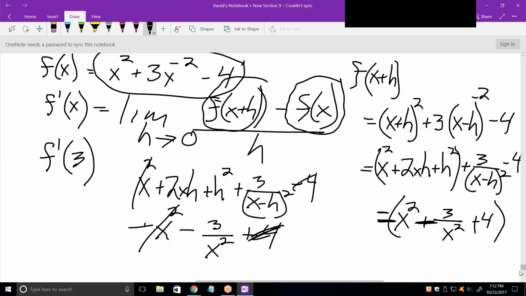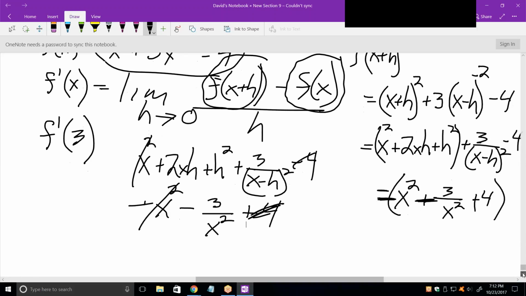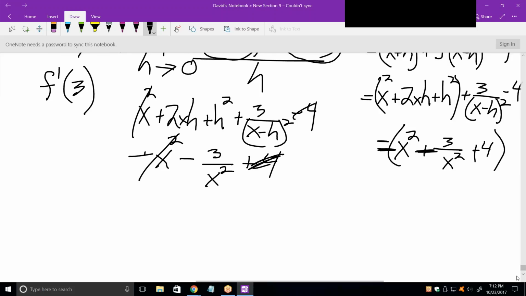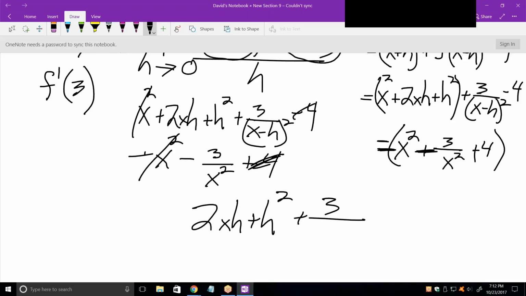So what I'm left with, just working in the numerator here, is 2xh plus h squared plus 3 over x plus h squared minus 3 over x squared.